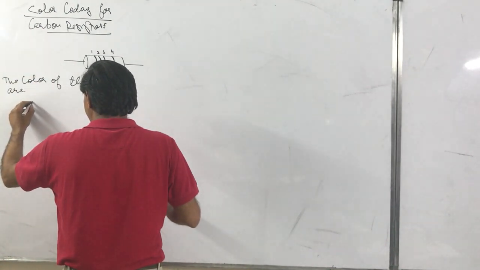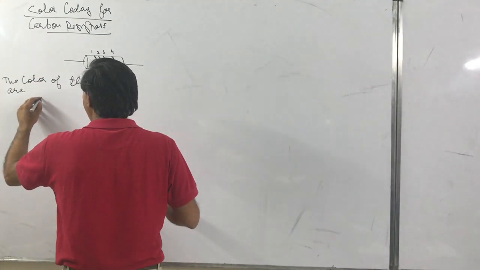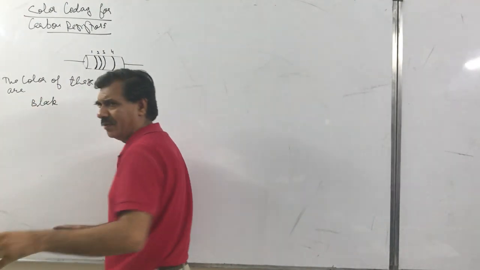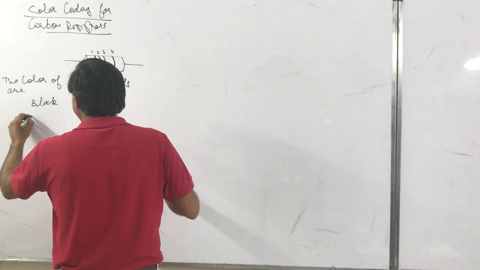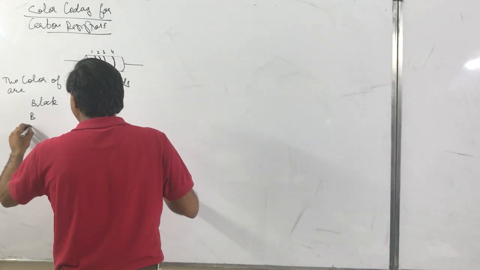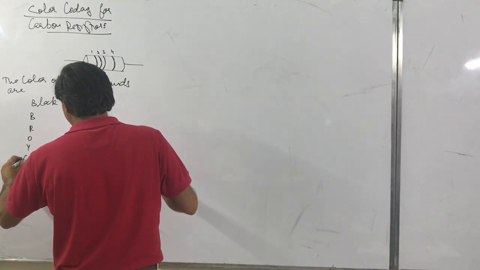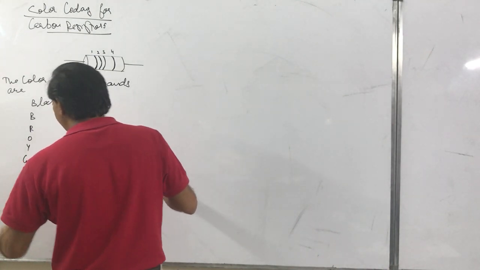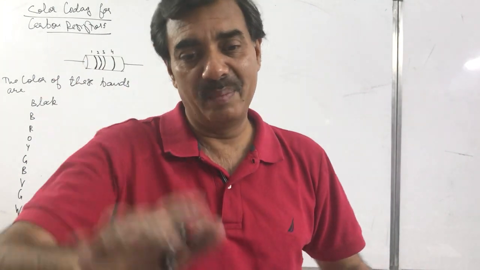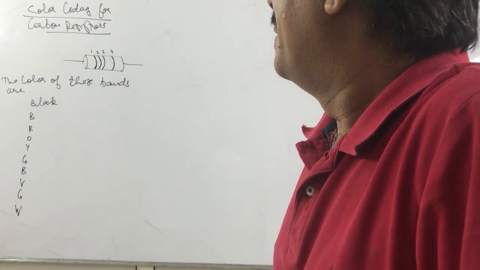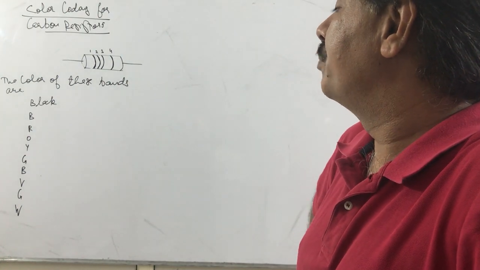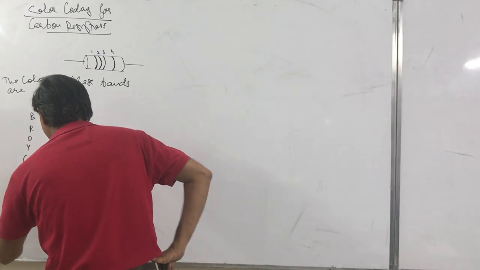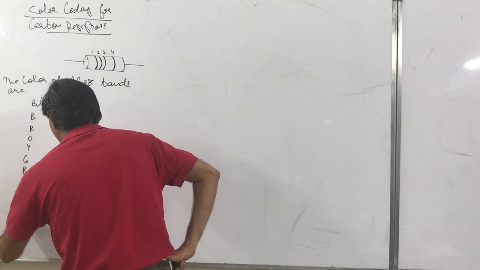देखो, the colors are black, एक फॉर्मूला है ना, B.B. Roy lives in Great Britain and has a very good wife. मुश्किल काम है। Anyway, the colors of these bands are black and this is white.